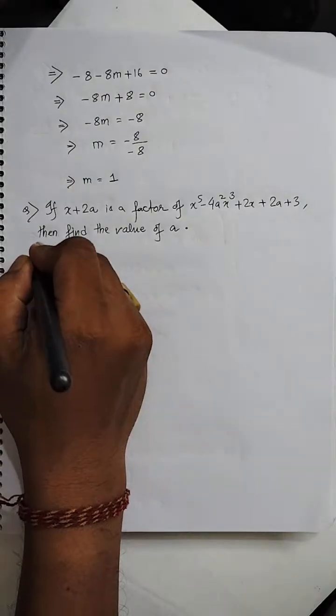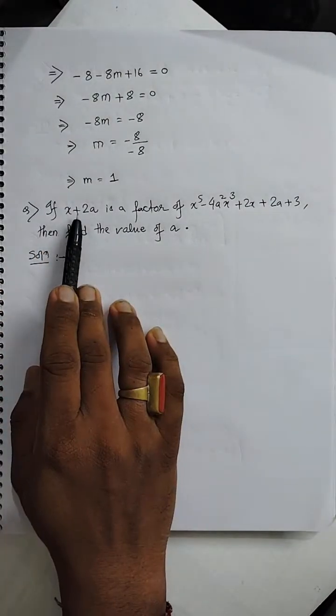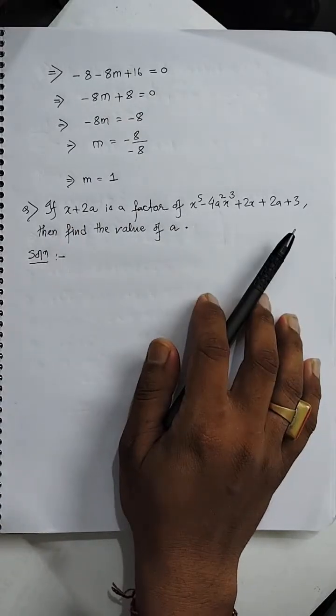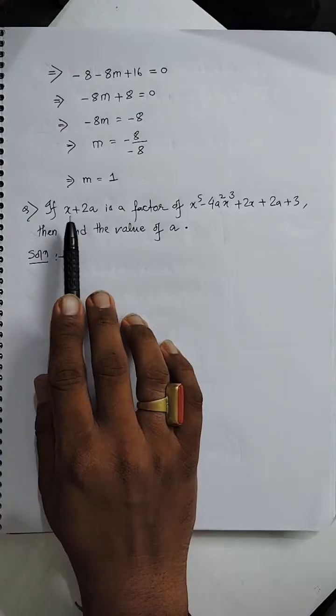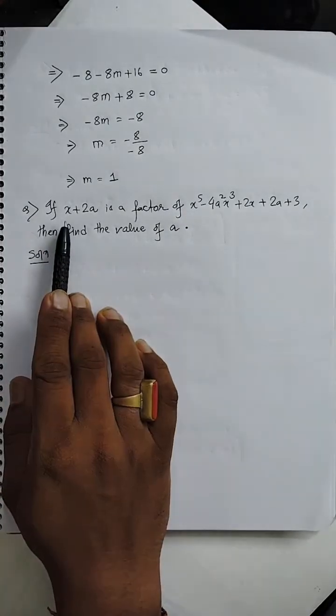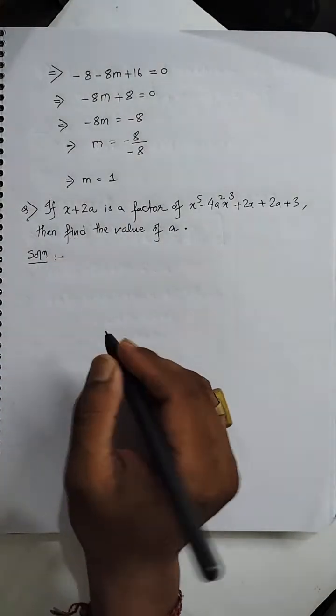So just like the previous question, we are told that x plus 2a is a factor of this particular polynomial. Okay, that means if we divide this polynomial by x plus 2a, our remainder will be 0.